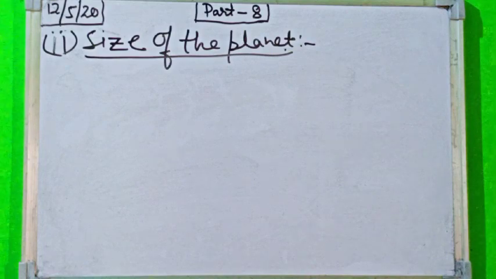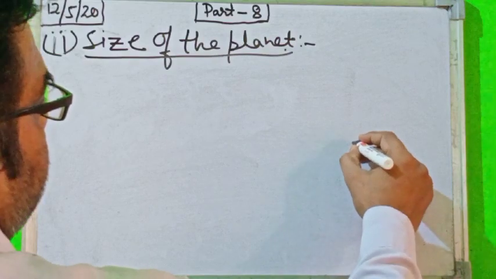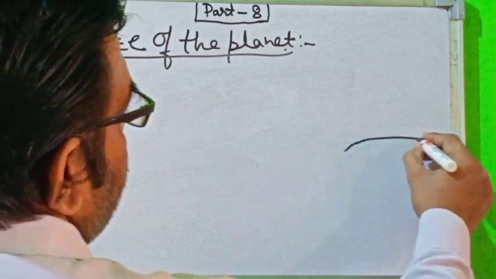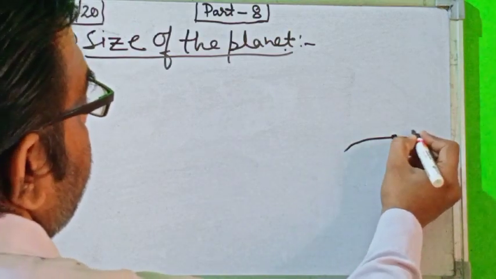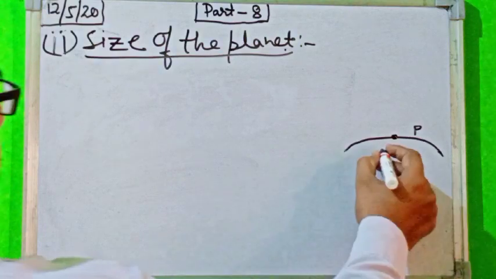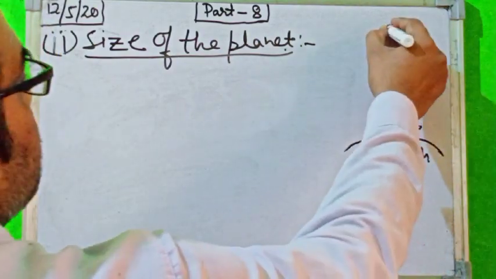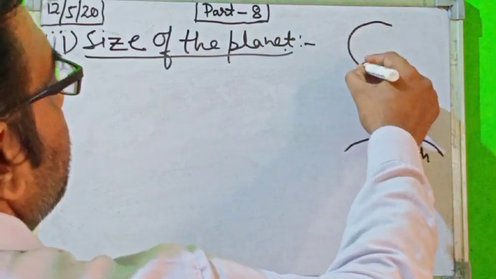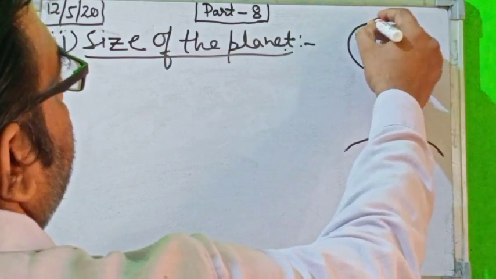Look at here. This is the surface of the earth, and here there is point P where there is an observer. This is earth, and this is the position of the planet.